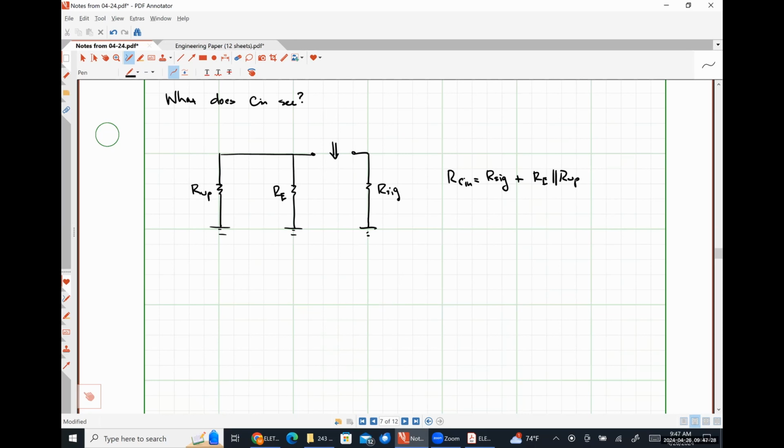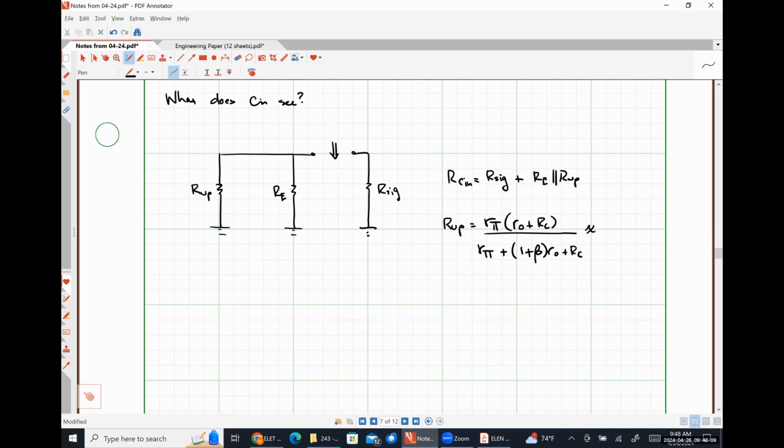So for our common base amplifier with no base resistance, our input resistance, R up, is given by R pi times R naught plus RC over R pi plus 1 plus beta R naught plus RC.